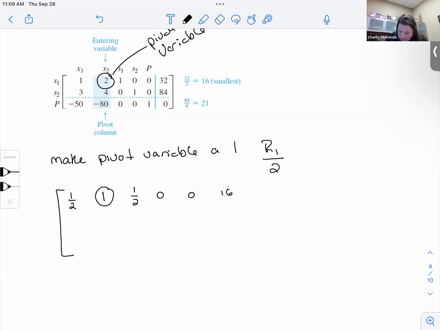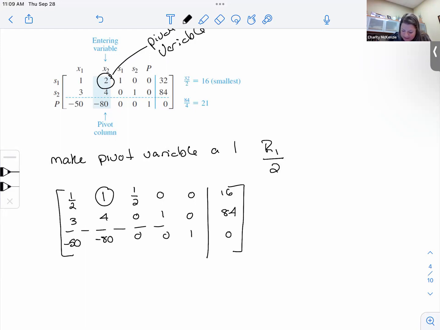Okay, now I'm going to write out the other ones. So that's going to be 3, 4, 0, 1, 0, 84, -50, -80, 0, 0, 1, 0. Keep this line dotted here.